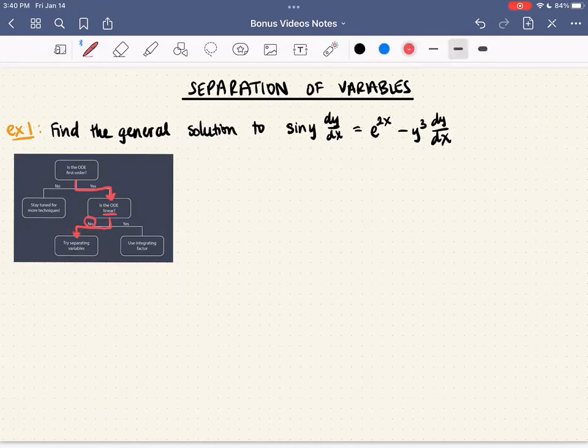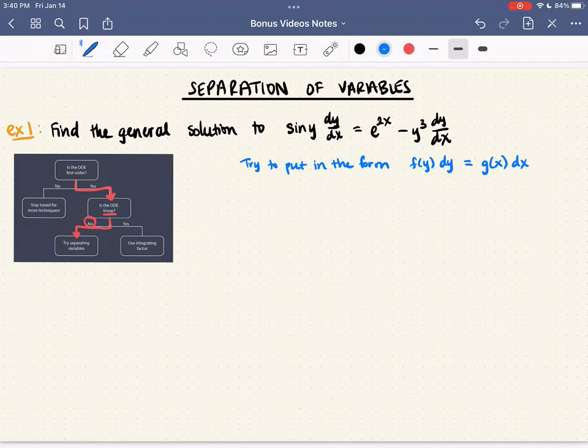So let's get started solving this differential equation, or finding the general solution. Now, the method of separation of variables is kind of self-explanatory. We want to separate the two variables, in this case, y and x. So we're going to try to put the ODE in the form of some function involving y only, with our differential dy, and set that equal to some function involving x only with our differential dx.